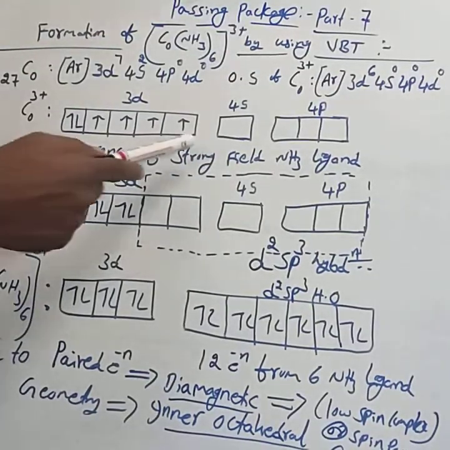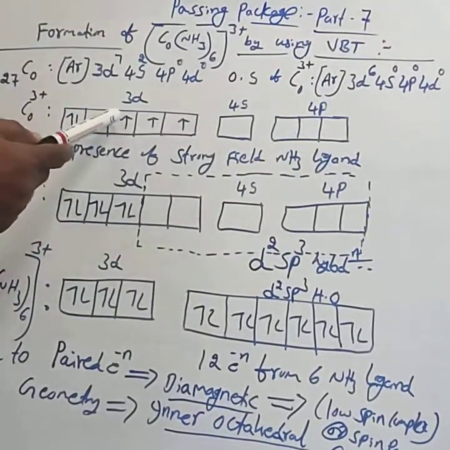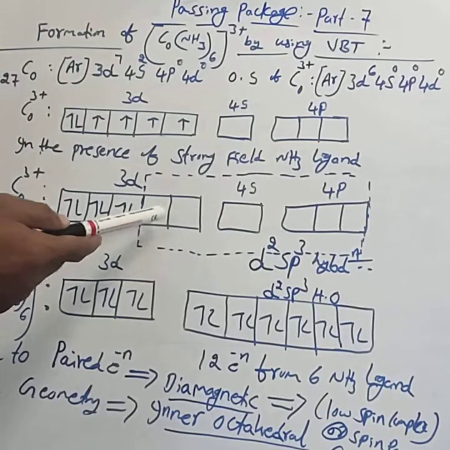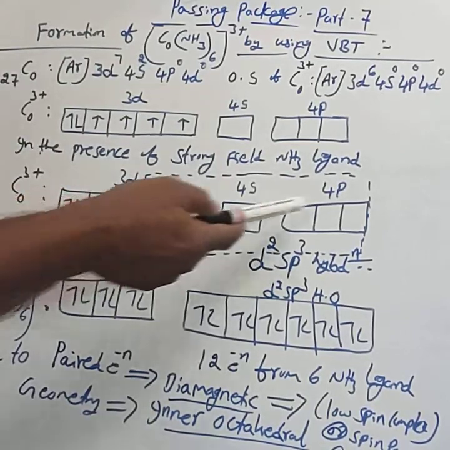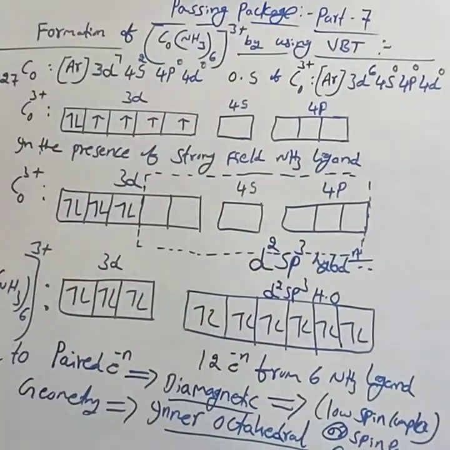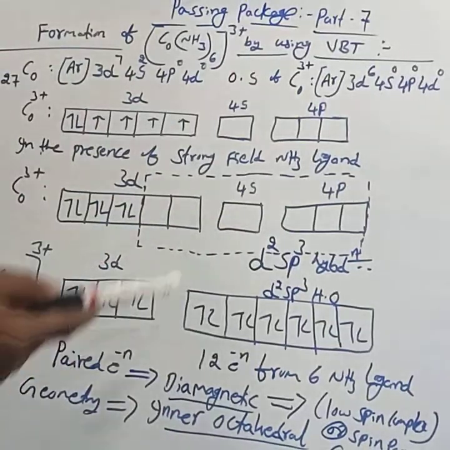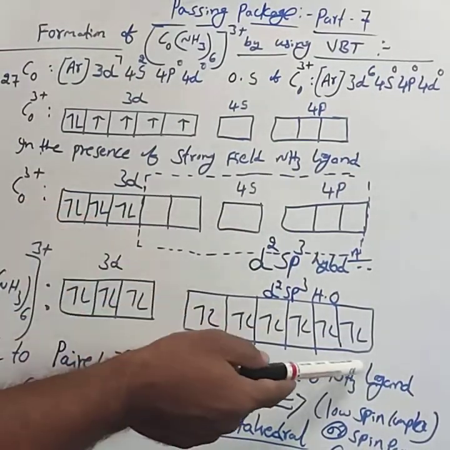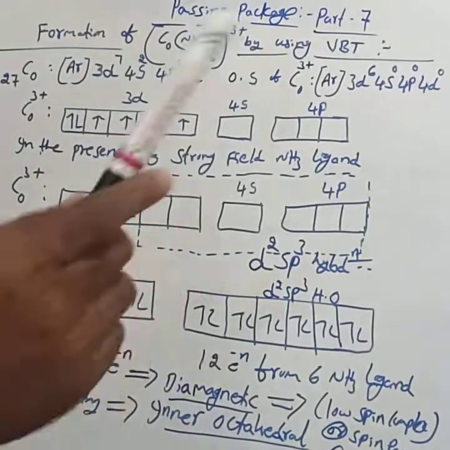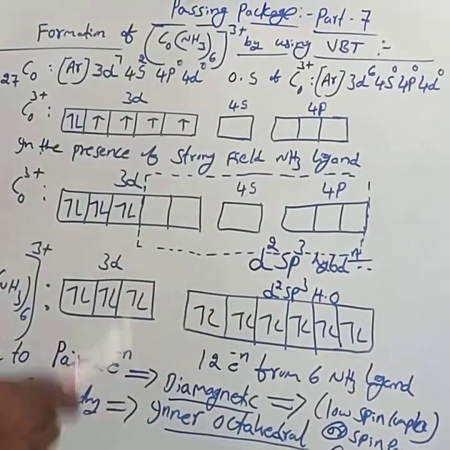Then in the presence of the strong field NH3 ligand, electron pairing takes place against Hund's rule, forming 2 d orbitals as vacant. Those vacant d orbitals undergo d2sp3 hybridization. Then the vacant hybrid orbitals overlap with the filled orbitals of the ligand. Each ammonia ligand donates 2 electrons, one pair.